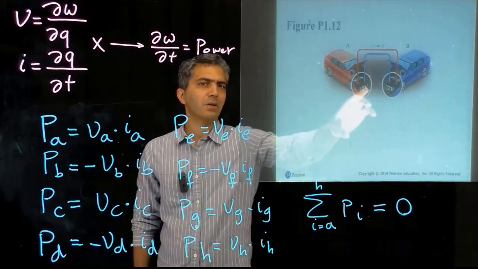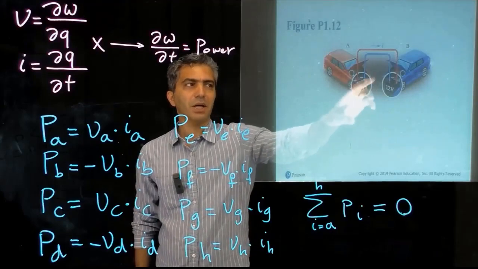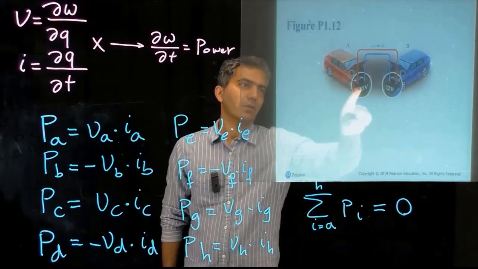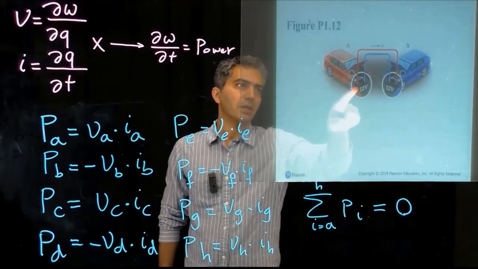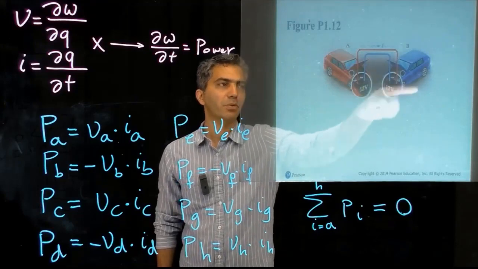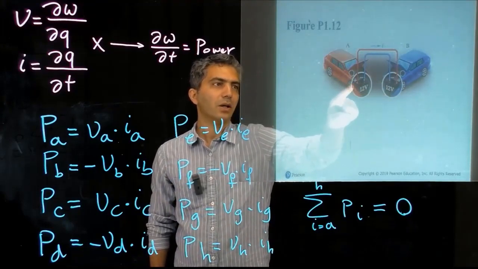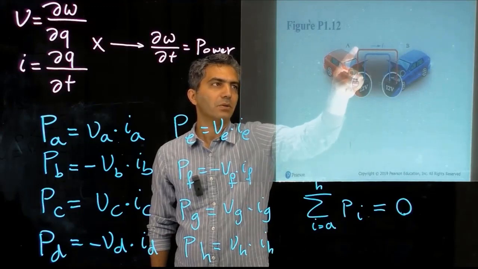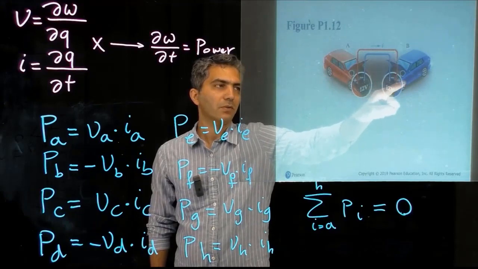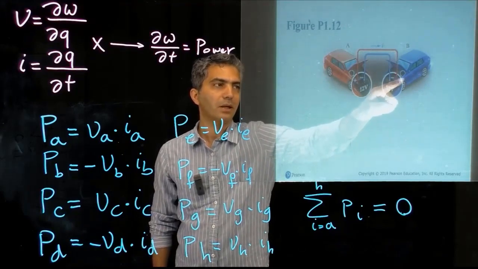In this case, one of the batteries is actually generating power, and the other battery is using the power. So if you notice, assuming that it's the red car that is still functional and the blue car is not, the current is coming out of the positive terminal and going into the positive terminal of the blue battery.